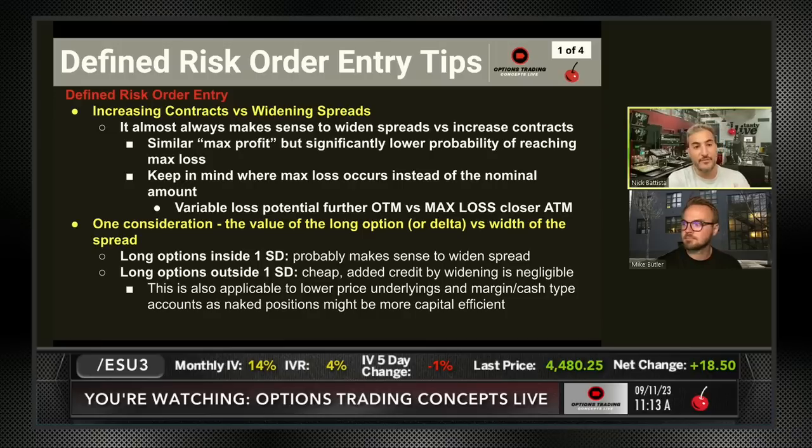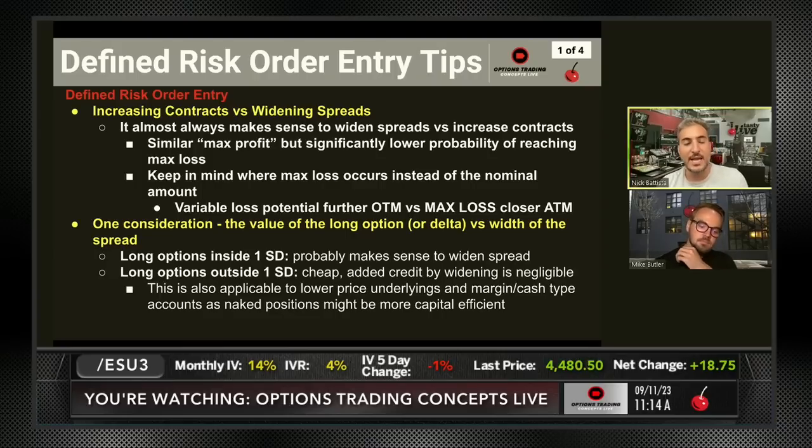When you have 10 contracts of a $1 wide spread that has, say, $500 of risk on it, that risk is much closer to the stock price, which means a much higher probability of happening versus one $10 wide spread, where the stock has to move $10 more to get to that same $500 in risk.